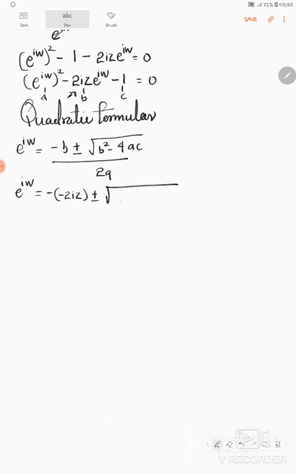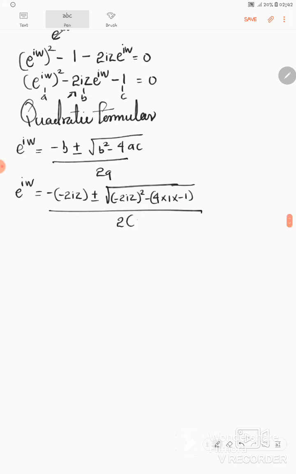Our B squared is open bracket minus 2iz raised to power 2, minus 4AC, that's 4 times 1 times minus 1, since our A is 1 and our C is minus 1, all over 2A.